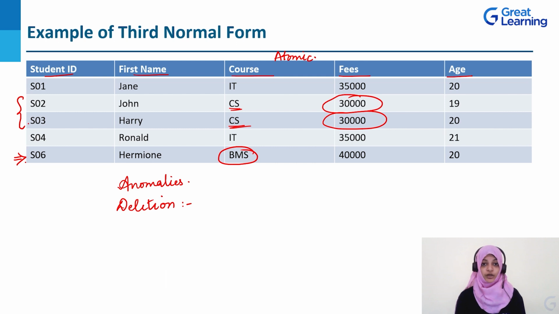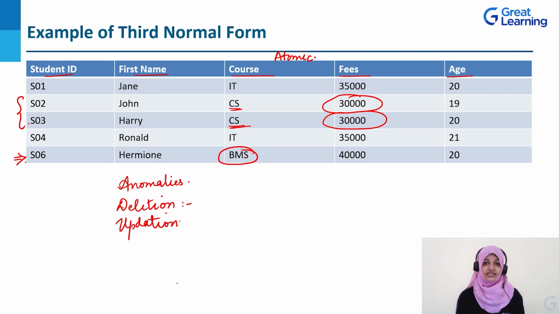What if there were 500 records and there were 200 students opting for the computer science stream? This becomes extremely time consuming because the system has to actually update the records for all of these 200 fields who have selected the CS field. This is known as the updation anomaly.